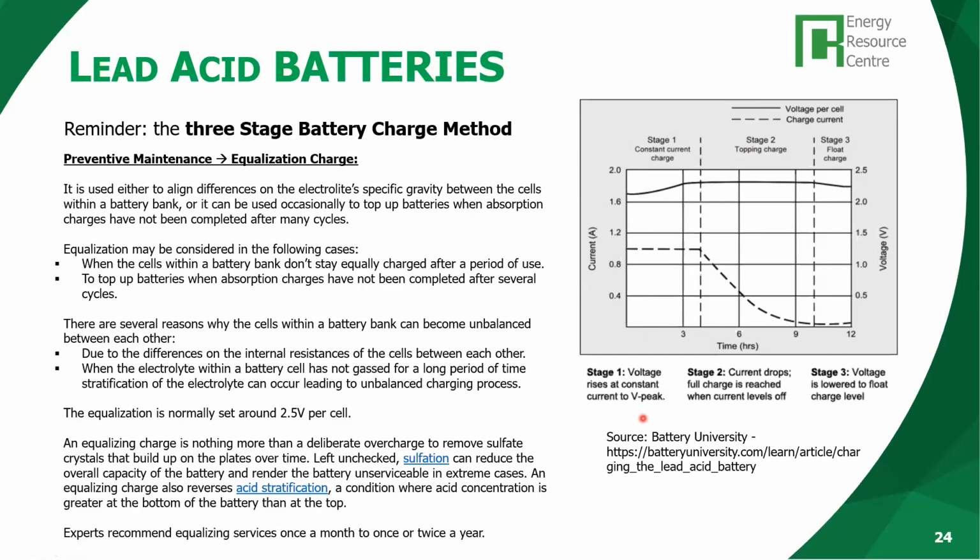But every now and then we still need a 4th stage that we call the equalization charge, which is recommended by all manufacturers, and it's very useful to keep the well-being of the batteries, to align them, and also to prevent the deposition of different elements in the batteries, especially in batteries that have not been fully charged for a long time.